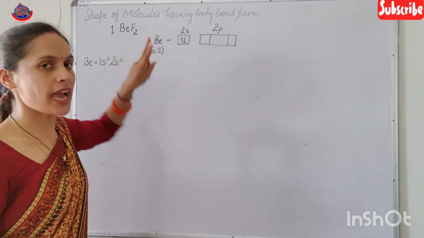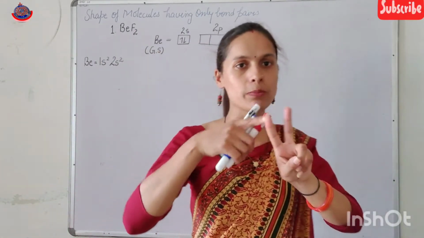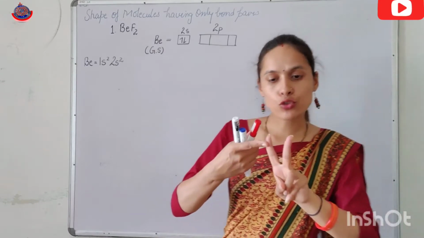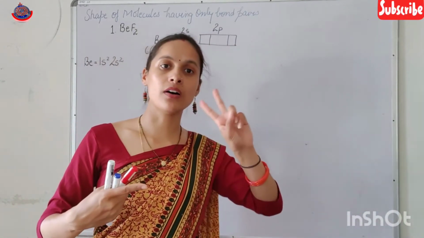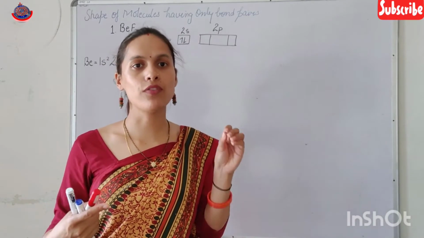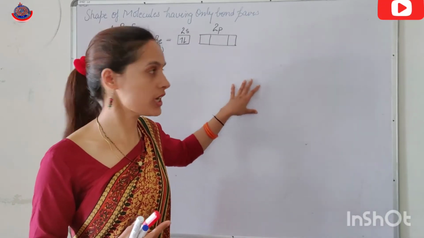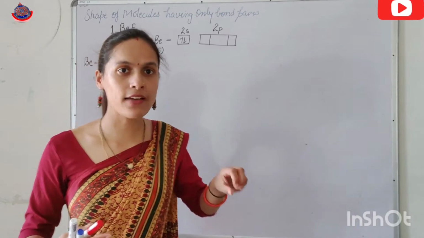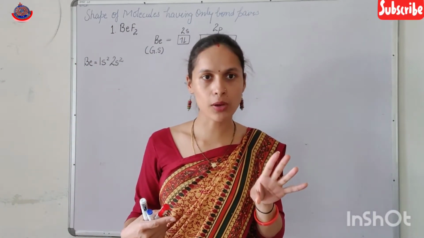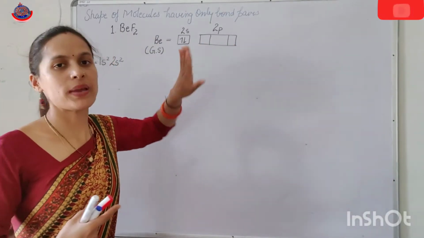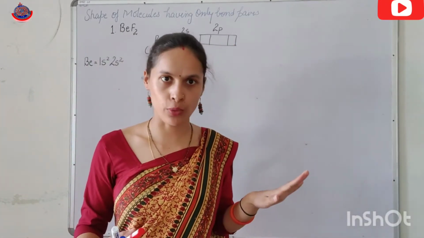Because here we have two fluorines attached with beryllium. If we apply the orbital overlap concept of valence bond theory in hybridization, then this beryllium should have two half-filled orbitals, but in the ground state, beryllium doesn't have any half-filled orbital.